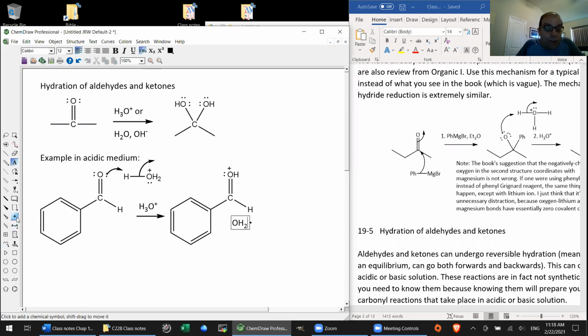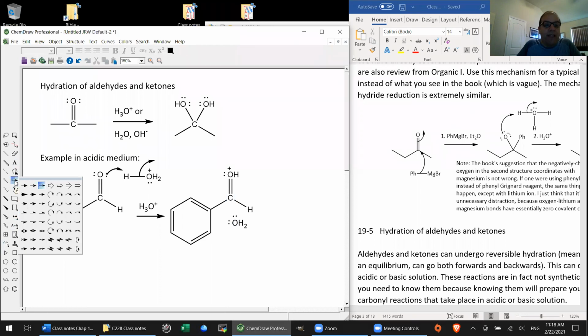Again, we don't want to use a nucleophile like OH minus. That does not make sense in an acidic medium. We can't invoke any strongly alkaline species in an acidic medium. You need to know that kind of thing in order to understand this material, and a lot of material in future sections also. It's just a very important principle.